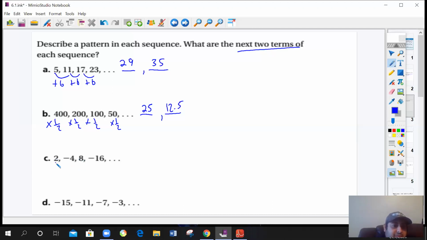In this case, from here to here, it went times negative 2. From here to here, it went times negative 2, and from here to here, times negative 2. So they're multiplying by negative 2. So our next two values for this one are going to be 32 and then negative 64.